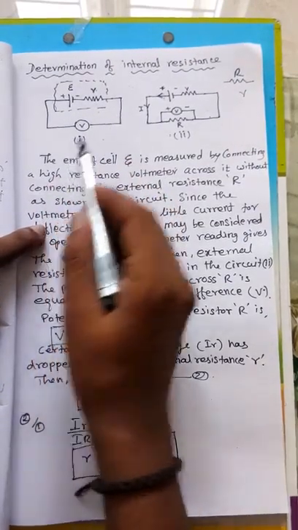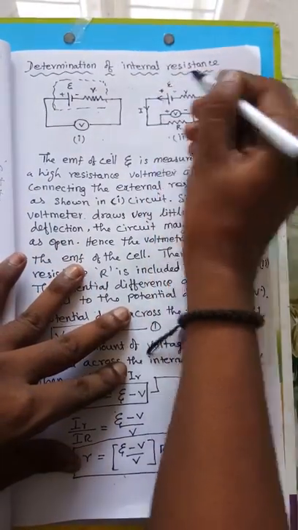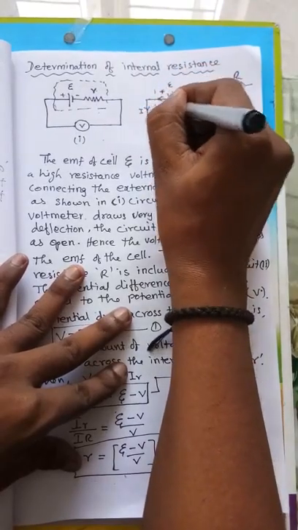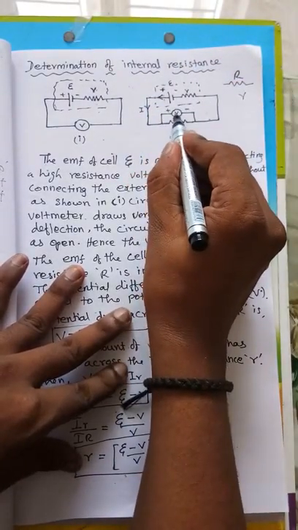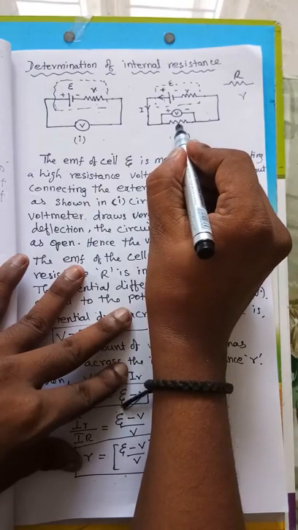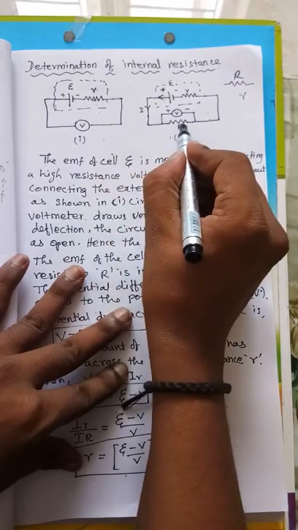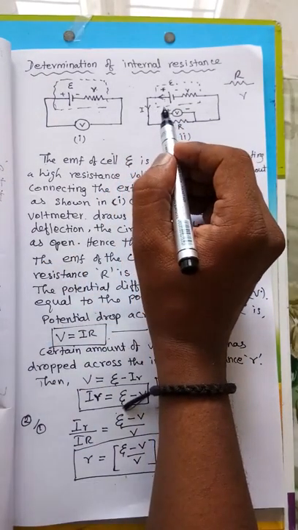This is a closed circuit. In the other circuit, it is the same EMF and internal resistance, the common part, but then it is connected with a resistance and voltmeter in parallel. So here one extra resistance, an external resistance, is connected.